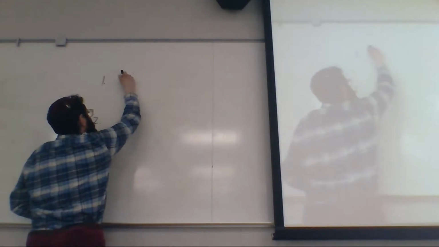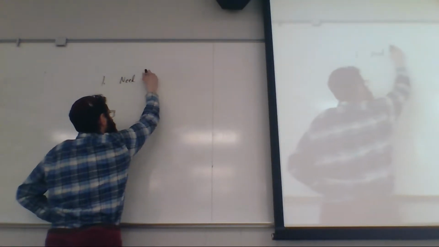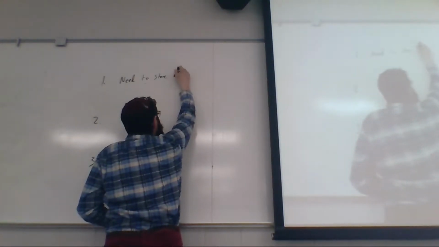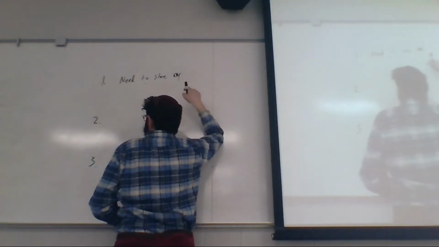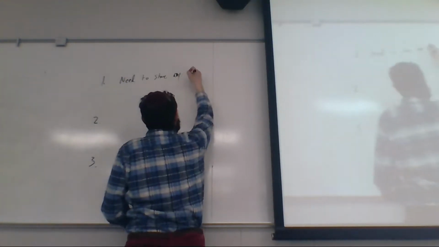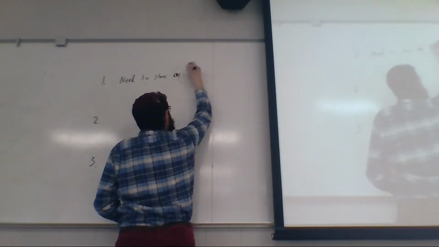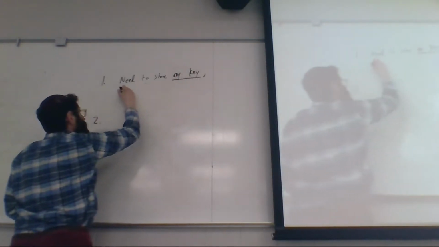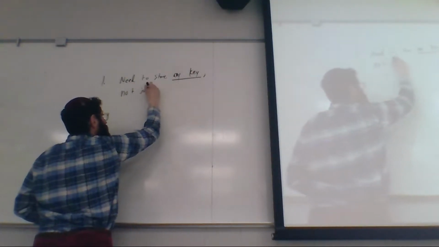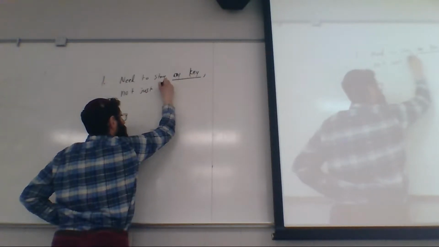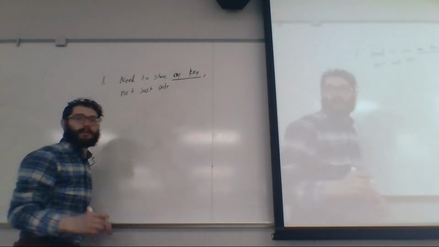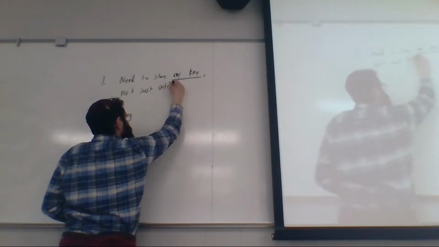So problem one: need to store any key, not just integers, not even just numbers. We also want a double to be a key as well. So any key, not just integers.